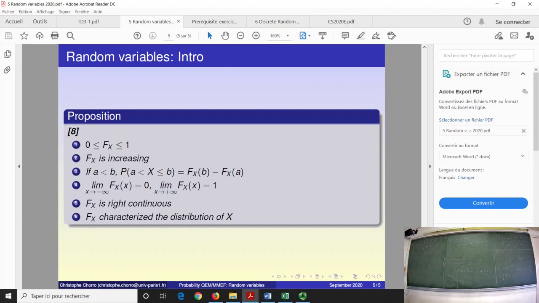Why is it finished? Because by definition of the distribution function, I can write it this way: F_X(b) equals the probability that X is strictly greater than a and less than or equal to b, plus F_X(a). And you have exactly the third point in the proposition 8. I just use here the fact that the probability of a disjoint union is equal to the sum of the probabilities.